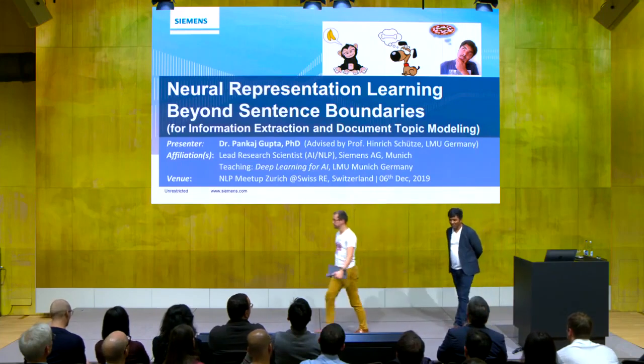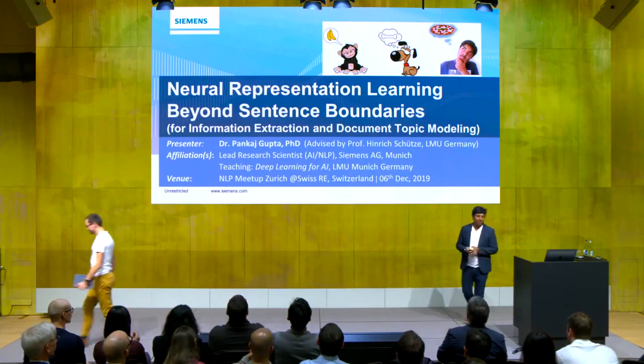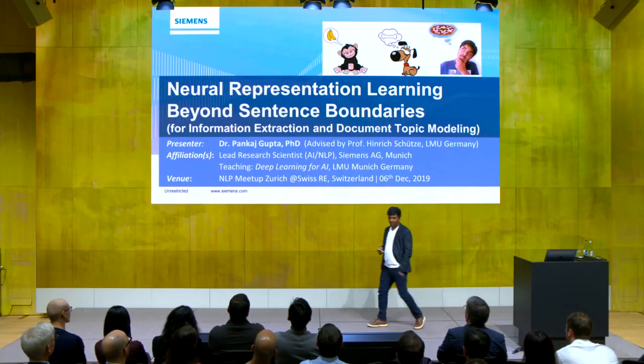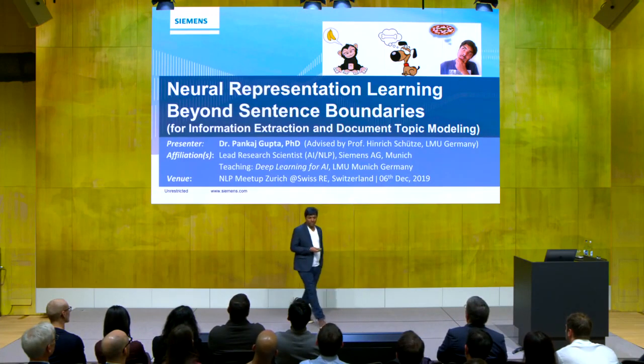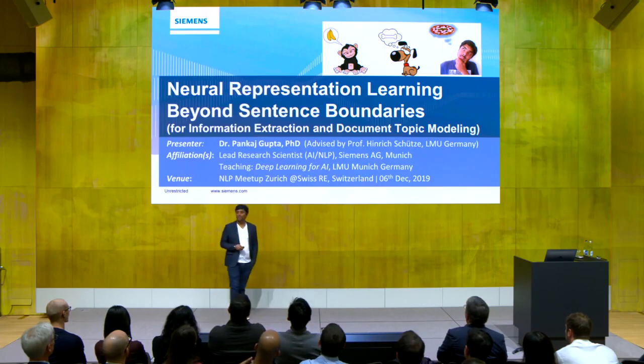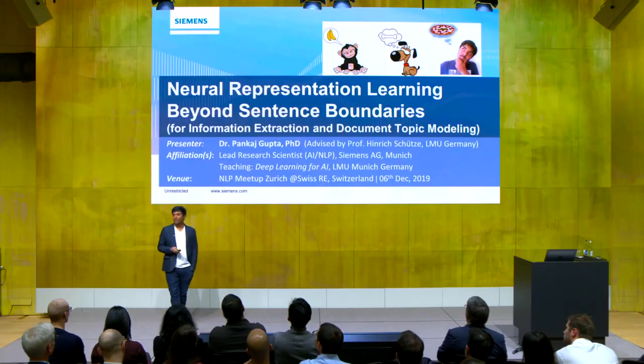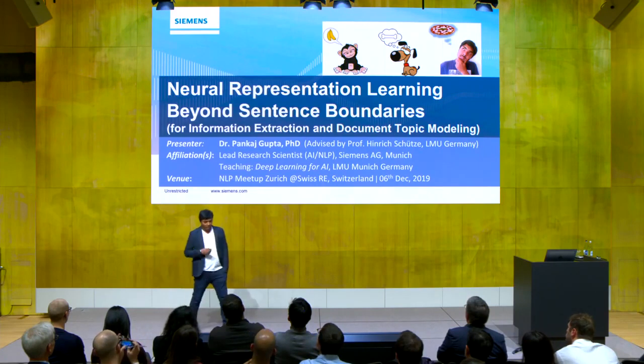Yeah, thanks a lot. Okay, so I'm Pankaj. I come from Munich. I traveled today. I'm a research scientist at Siemens. I'm leading the AI NLP group there. I'm also teaching. I like teaching. I'm teaching deep learning for AI, especially recurrent neural networks and representation learning at LMU. Okay, next slide.